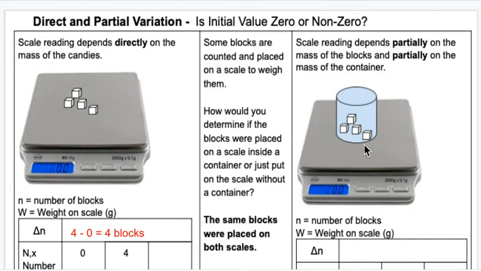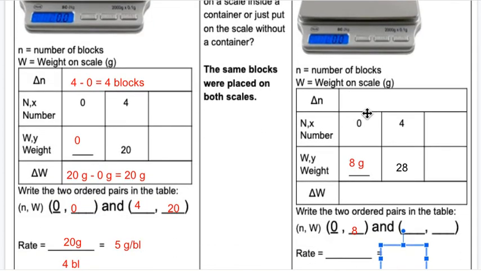And what I want you to remember is, does the container mass or weight change? Okay, is it a constant or is it a variable? So as I add more blocks into this container, does the weight of the container change? And I want you to think about, if I have 0 blocks, the scale reads 8 grams. So how much is the weight of the container?